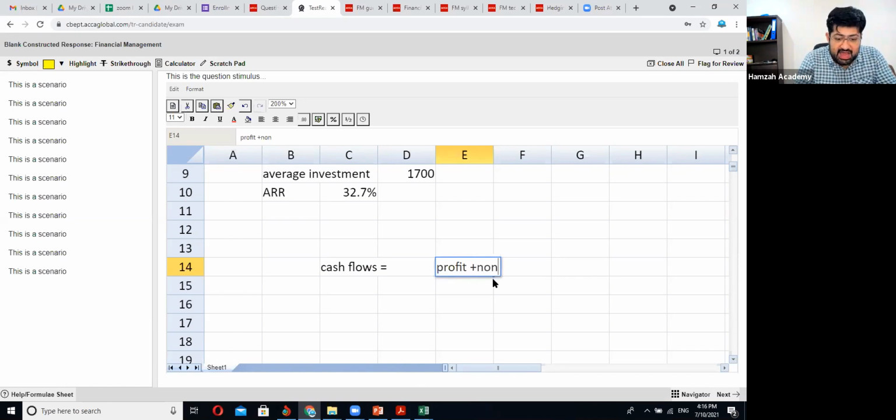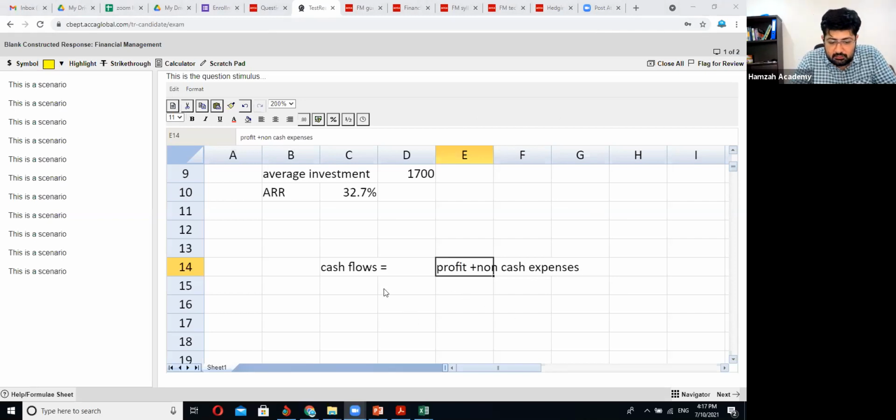So when we add back non-cash expenses, such as depreciation expenses, we get cash flows. So add back non-cash expenses to the profits, and we will get cash flows.